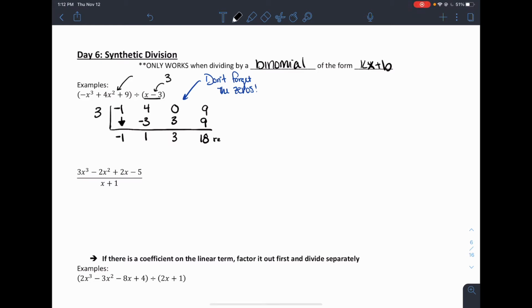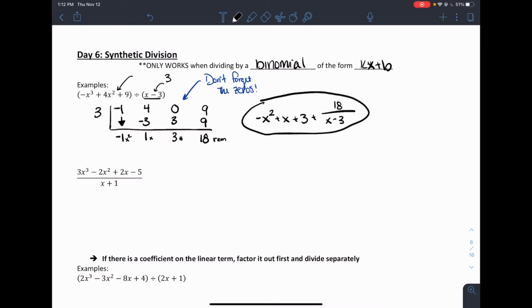I have my remainder, I have my constant, I have my x, and I have my x squared. So this translates to negative x squared plus x plus 3 plus 18 over x minus 3. And there you go. It's a lot faster if you ask me.